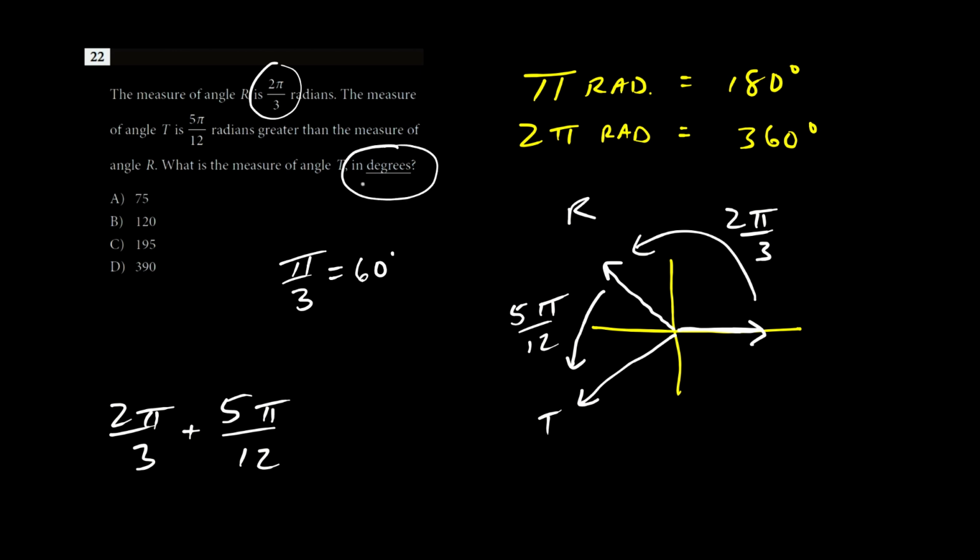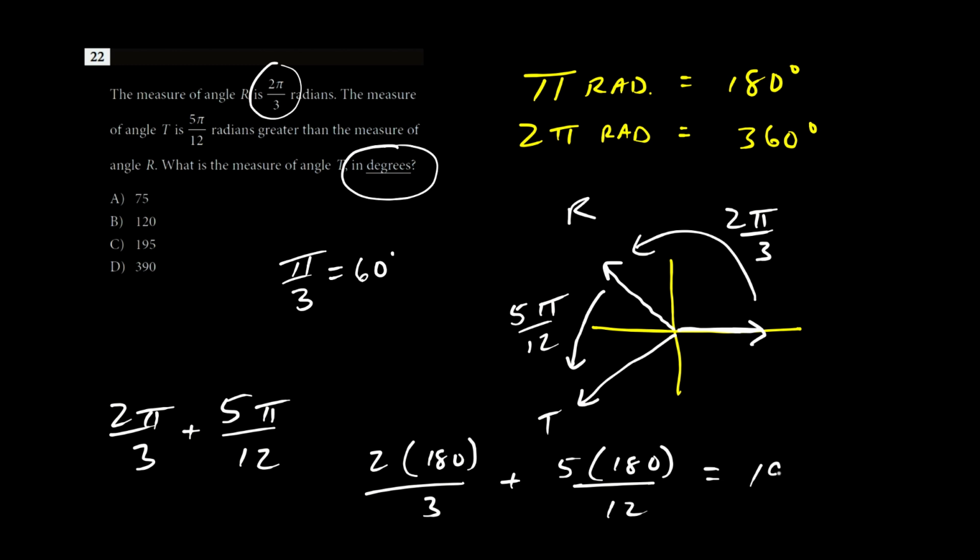So you can go ahead and convert that, and for each one, you can just do 2 times 180 divided by 3, type it in your calculator, 5 times 180 divided by 12, type it in your calculator, and add them together. And when you do that, you're going to get 195 degrees.